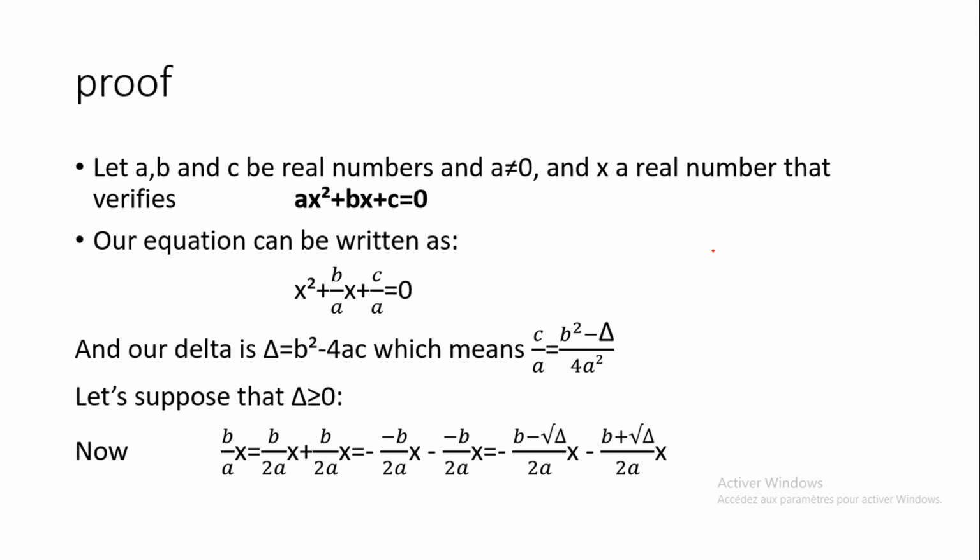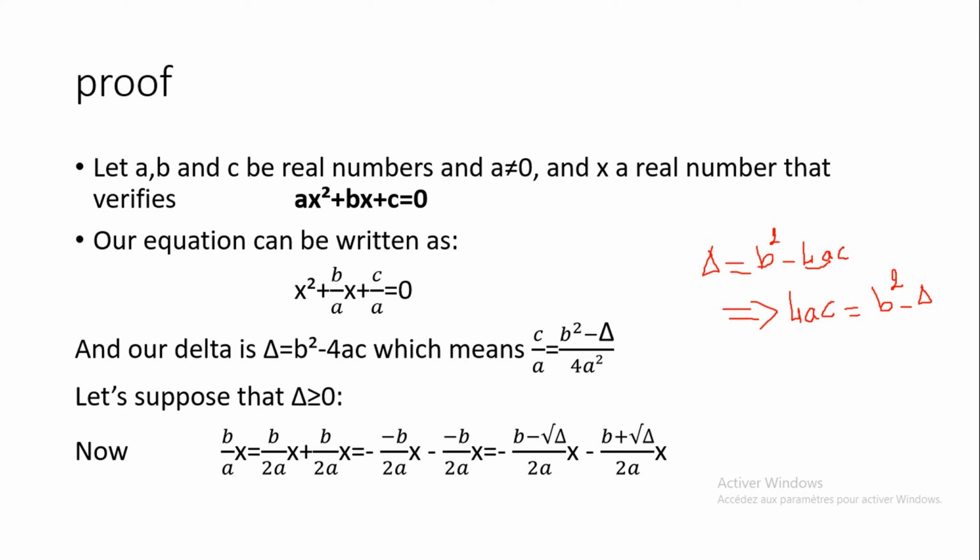Let's use this. We have delta equals b squared minus 4ac. Then 4ac equals b squared minus delta.